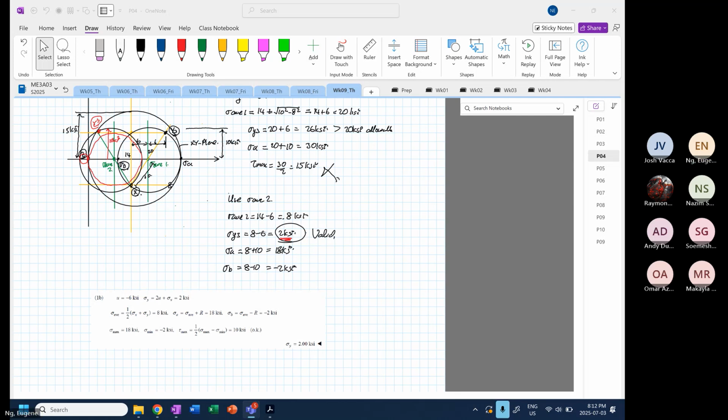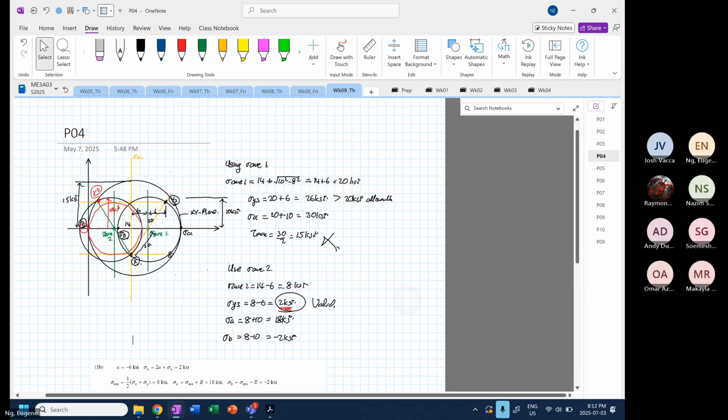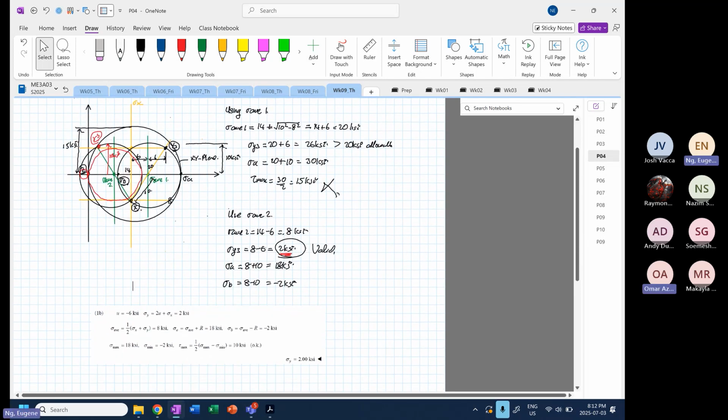Omar: The first valid 3D Mohr circle with stress A equal to 18. Yeah, 18. So for that first one, there are two values of stress Y for which the maximum shearing stress is 10, right? The one where it's 2 KSI, I understand that part.